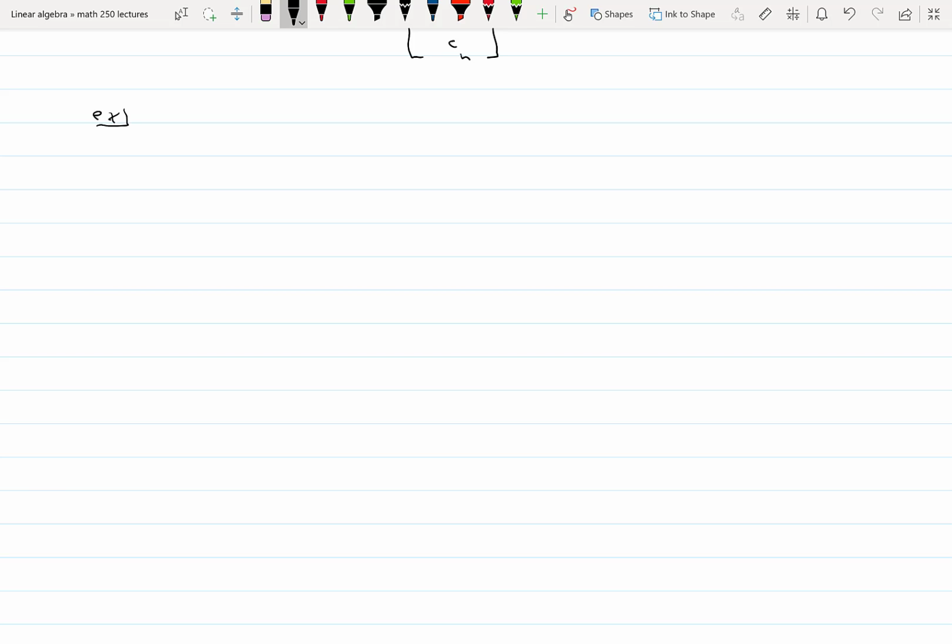So, example, part A. Let V, the vector space V, be R2. Let the vector v equal the column vector 3, 2. Okay, so the vector v, which is the vector 3, 2, can be written as, actually before I do that, I should identify the basis.